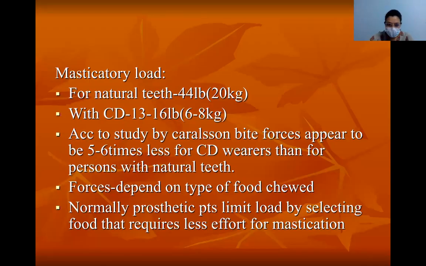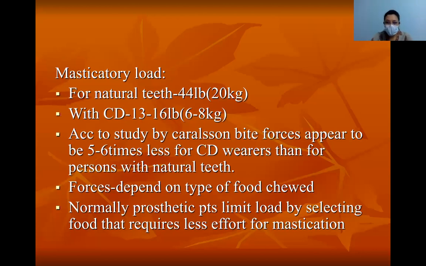So when we have a complete set of teeth, the total support is always the maximum. Then if we switch to a partially edentulous state, the total support is reduced. And finally, the total support by the mucosa in an edentulous state will be minimal.